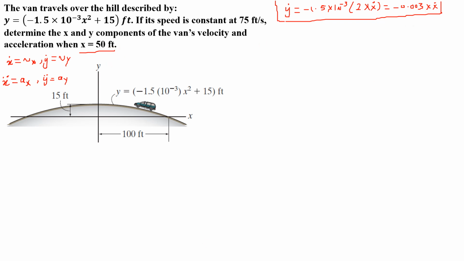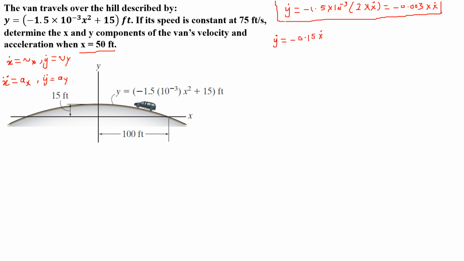I'm doing my velocity calculations at 50. So now y dot here will be negative 0.03 times 50, I'll get negative 0.15. So negative 0.15 x dot.